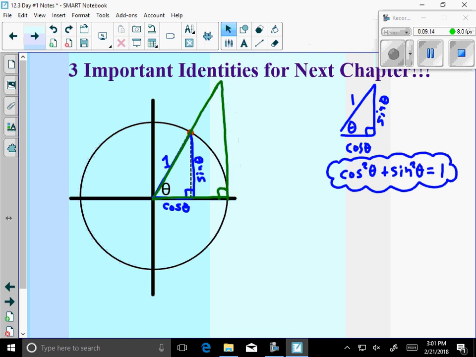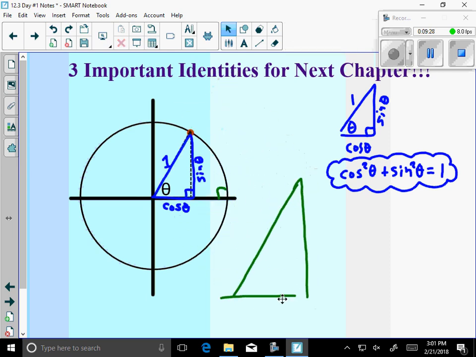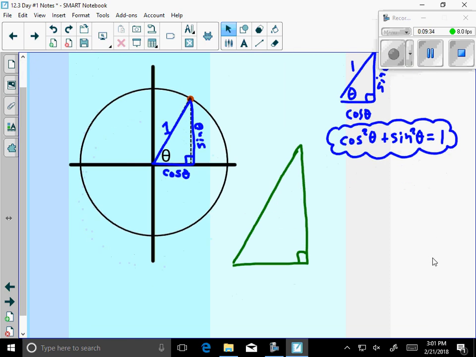Oh, dang it. Let me group that. Okay, so I'm going to take that triangle, and I'm going to pull it on out here. Oh, that was great. And that one too. And that one too.